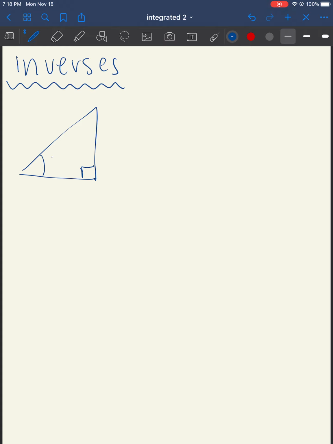So if you have your angle theta and you have your side x, actually it might make more sense to have this be side x and this be side y. So if you have sine, for example, you would have sine of an angle, which is theta, is equal to y over z.